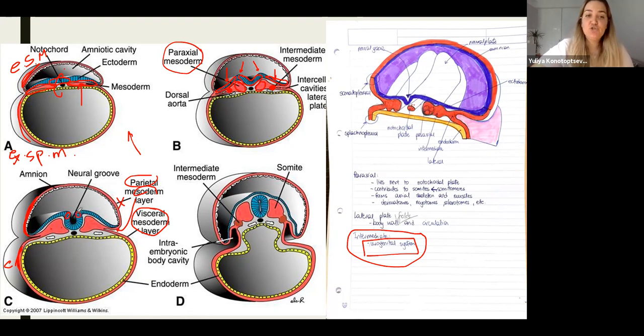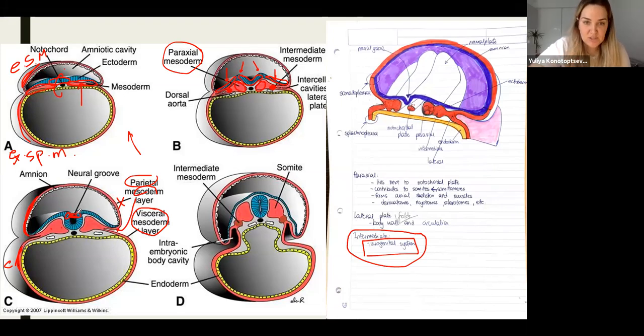If I am trying to create a tube, what should neural folds do? Of course, you can understand, they should fuse together. When they fuse together, a structure arises, which is called neural tube. This is your spinal cord. Spinal cord and brain are part of the neural tube.